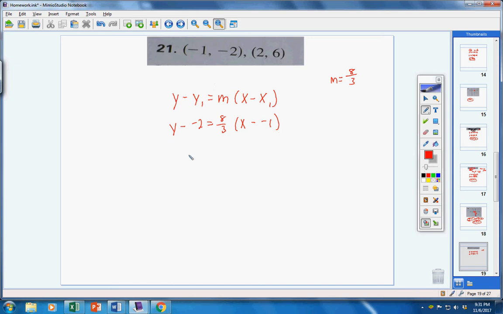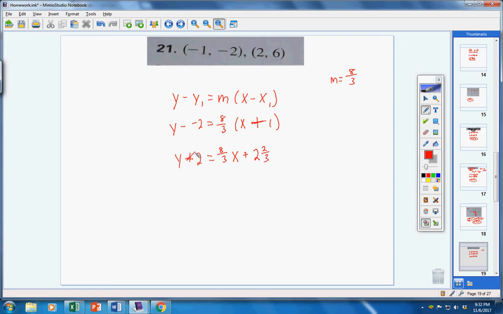Y minus negative 2 is y plus 2. 8/3 times x is 8/3 x. 8/3 times a positive 1 is 8/3, which is the same thing as 2 and 2/3.